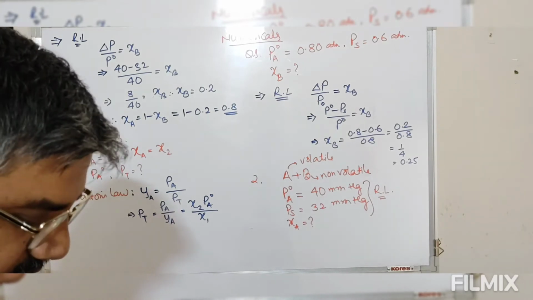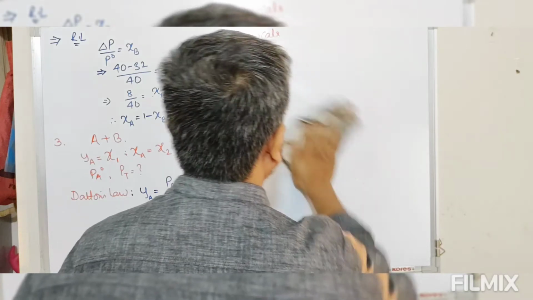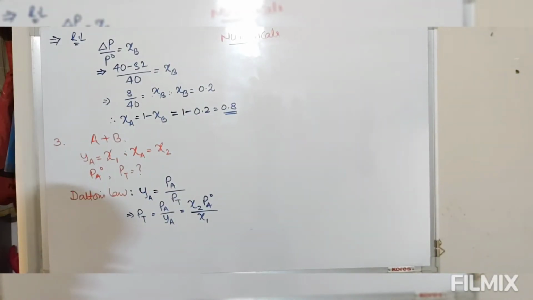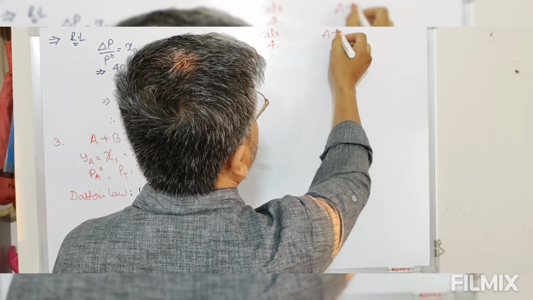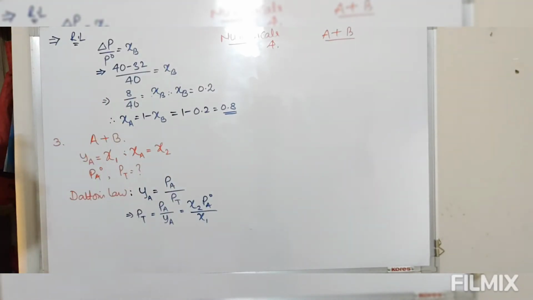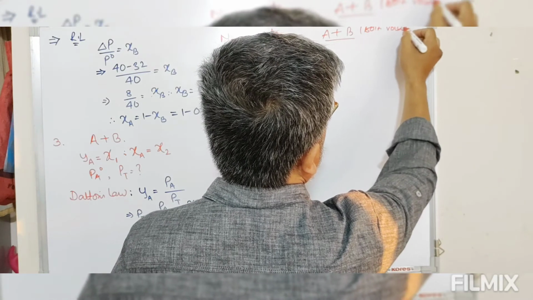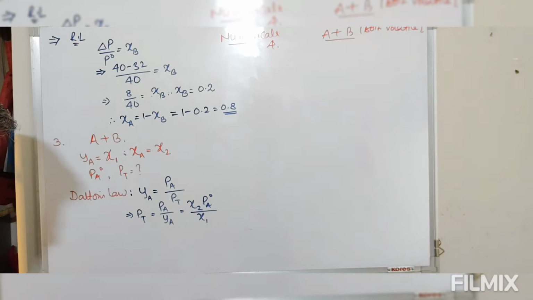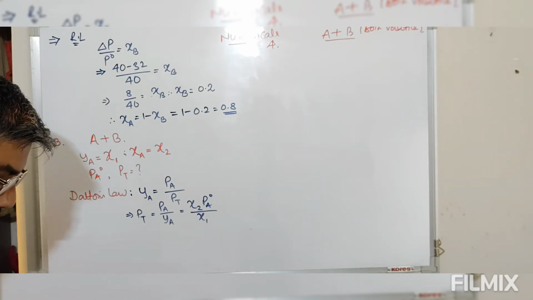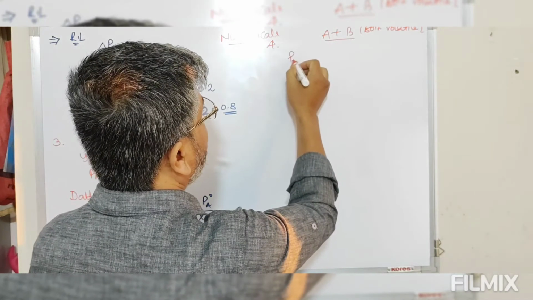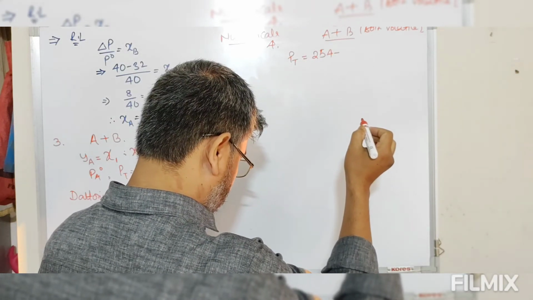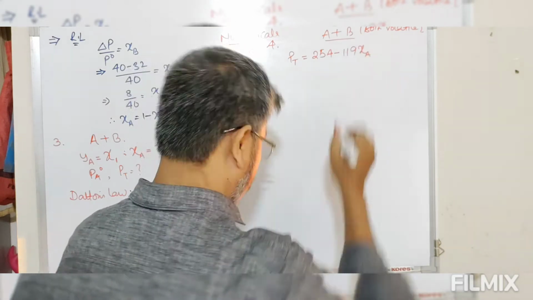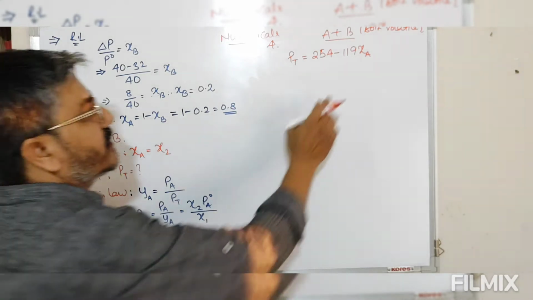Now I'll take up some more questions here. The next question, question number 4, says we have a solution of A and B. Both A and B are volatile. The question says the total vapor pressure P total is given as 254 minus 119 XA, where X is the mole fraction of A in the mixture.